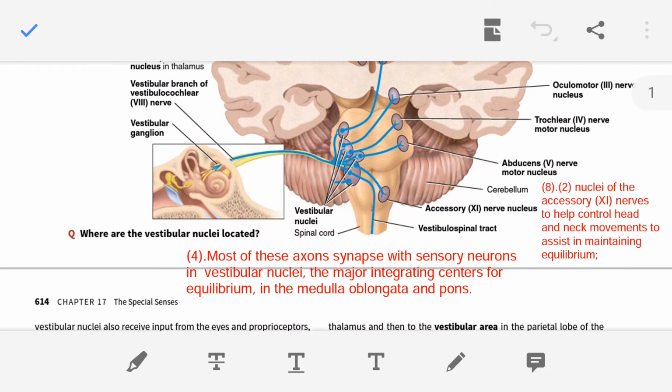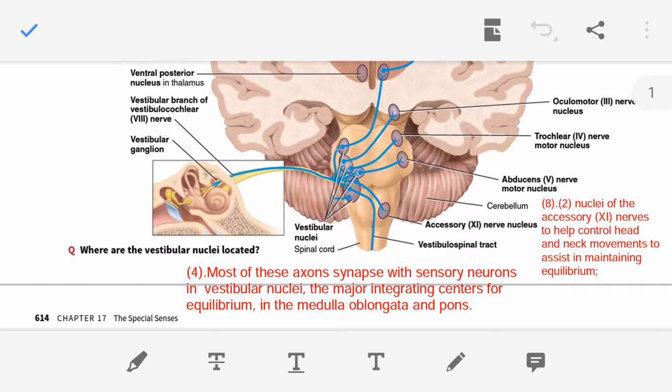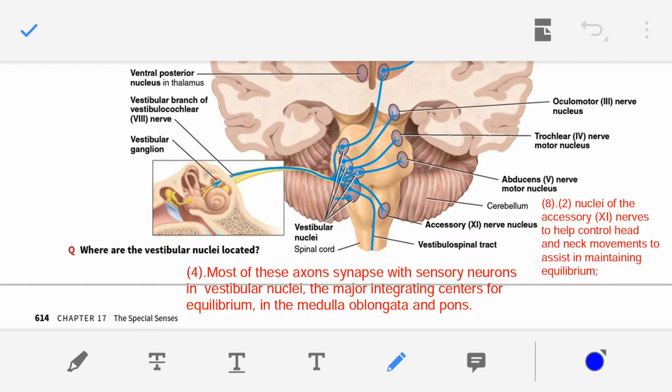Now the fourth point. Here most of the fibers, most of the axons, synapse with the sensory neurons which are present in the vestibular nuclei. So these are all vestibular nuclei, and in these vestibular nuclei sensory neurons are present.